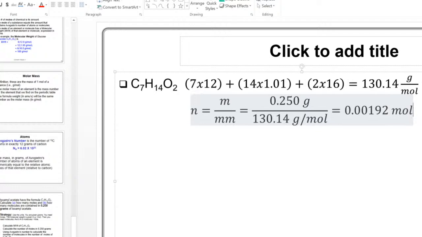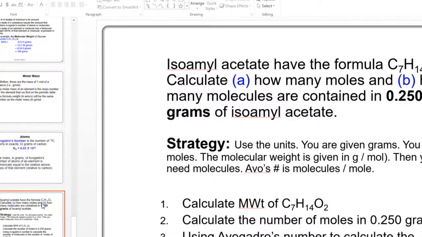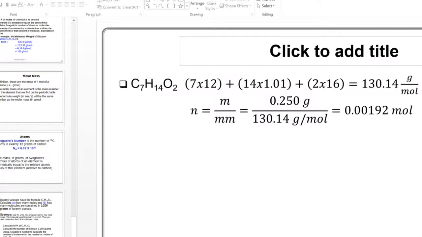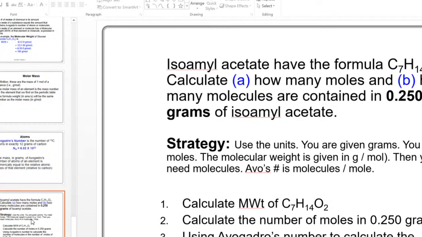Okay, that's for part A. So how many moles are present is basically 0.00192 moles.